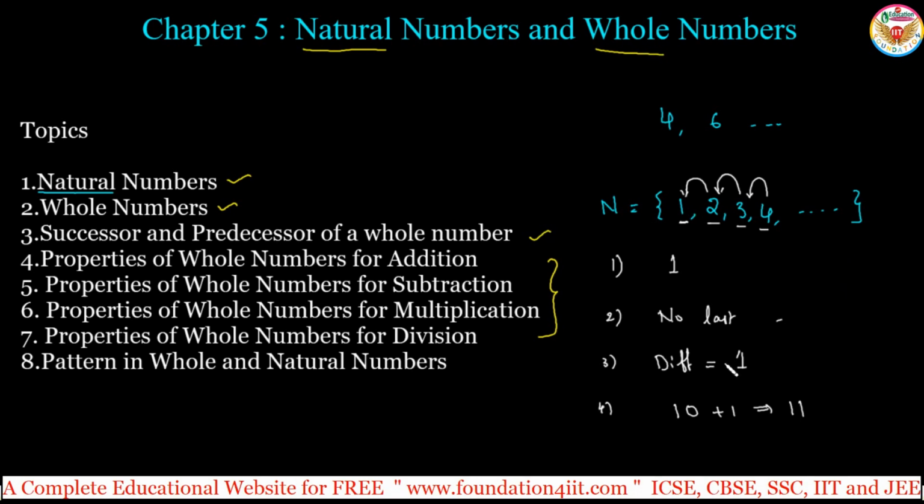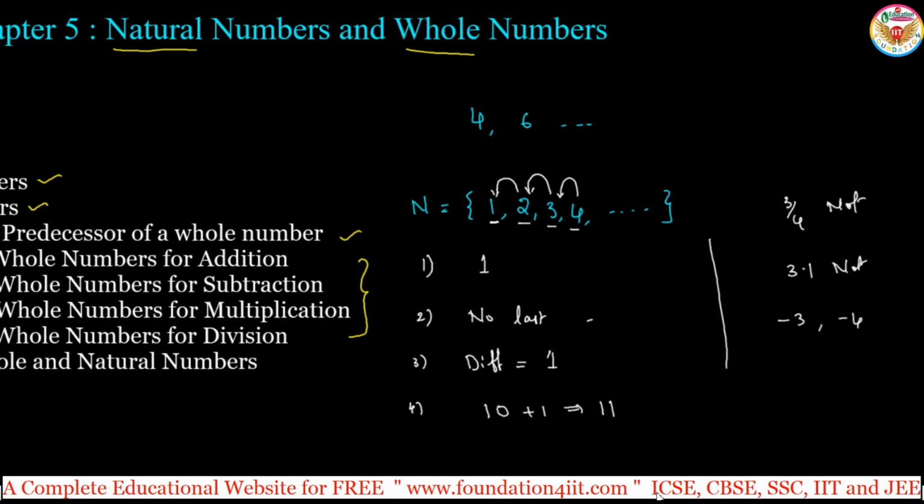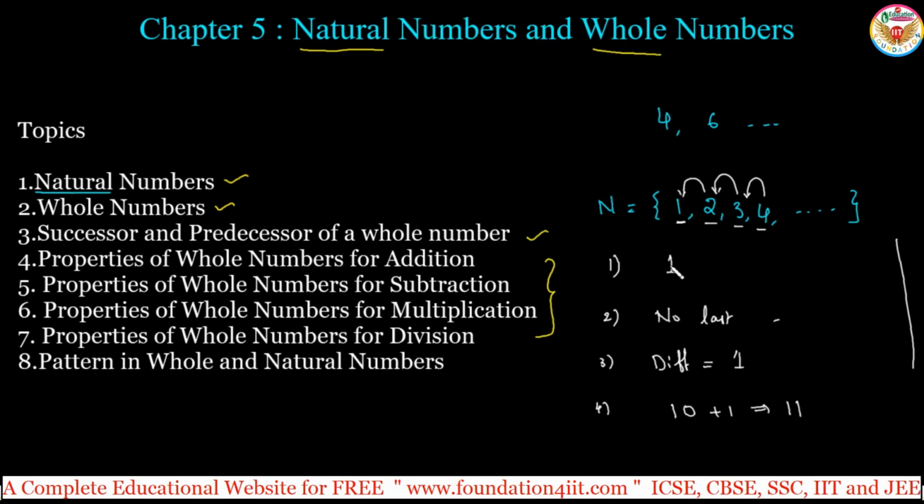Decimal numbers are not natural numbers, like 3.1. Even negative numbers like minus 3, minus 4 are not natural numbers. The natural numbers are those numbers with which we count things in nature like houses, trees, boys, girls, students, strength. So numbers start with 1. These are the basic properties of natural numbers.